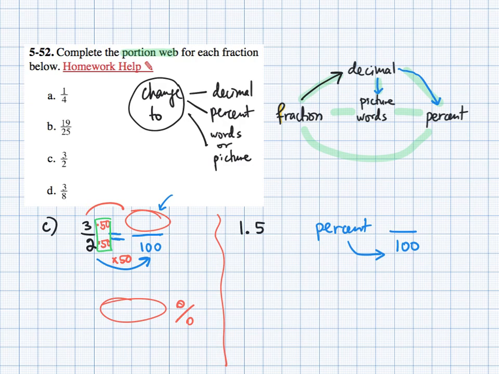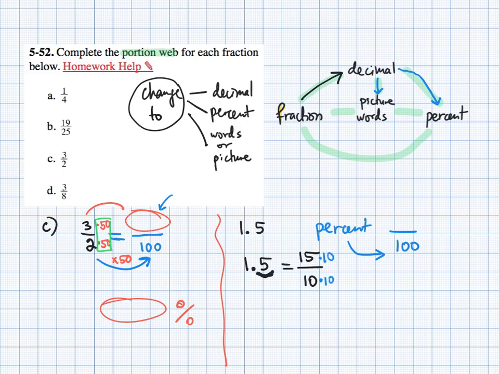If you could change the fraction to out of 100, then it will be giving you the percentage on the top. The other way with the decimal is think of cents, or 1.5. What's the meaning of 1.5? It's 15 out of, and then it's 1 decimal place, right? So 1 decimal place, that's 10. But I want it to be out of 100, so I'm going to multiply this time by 10.